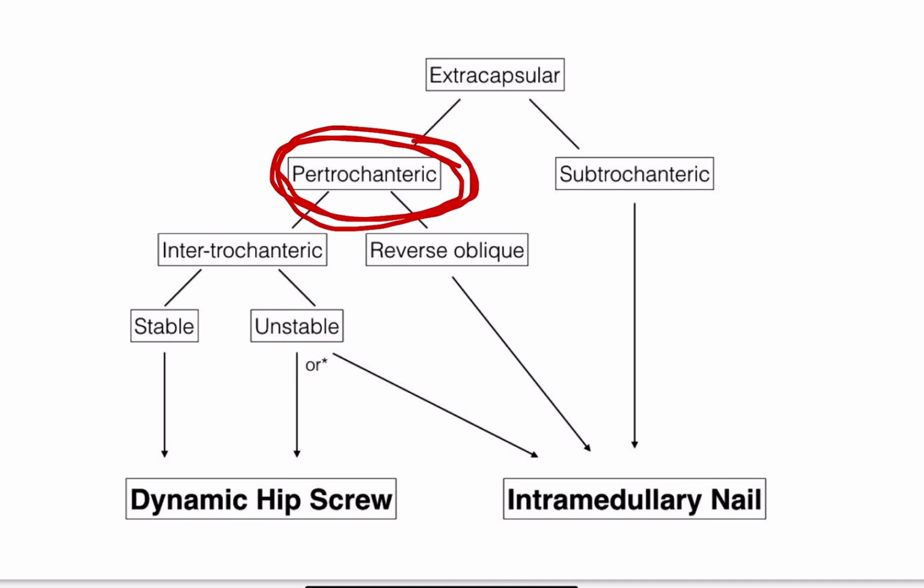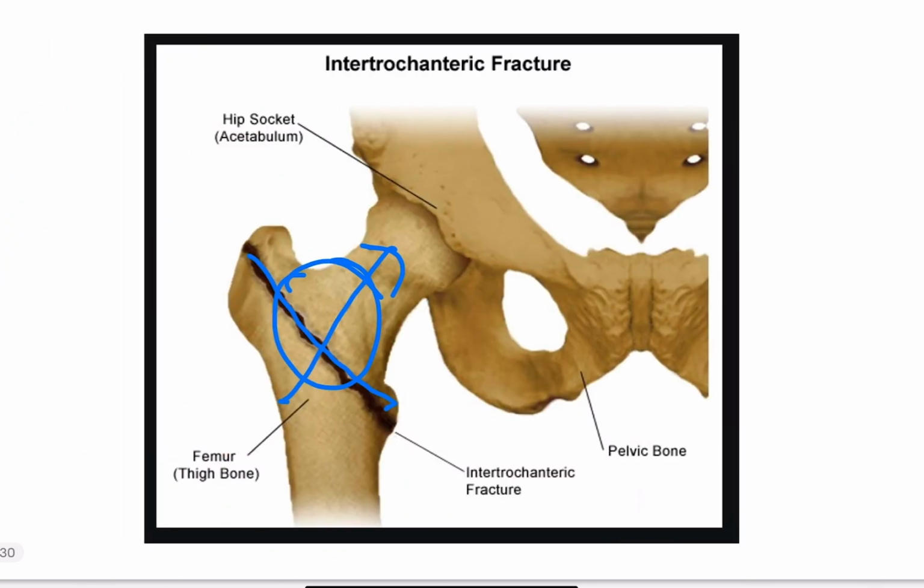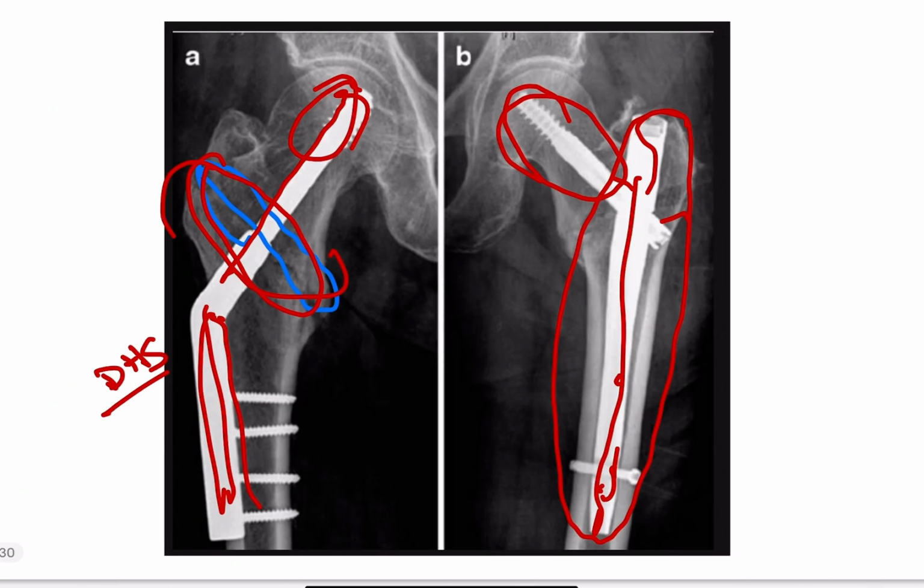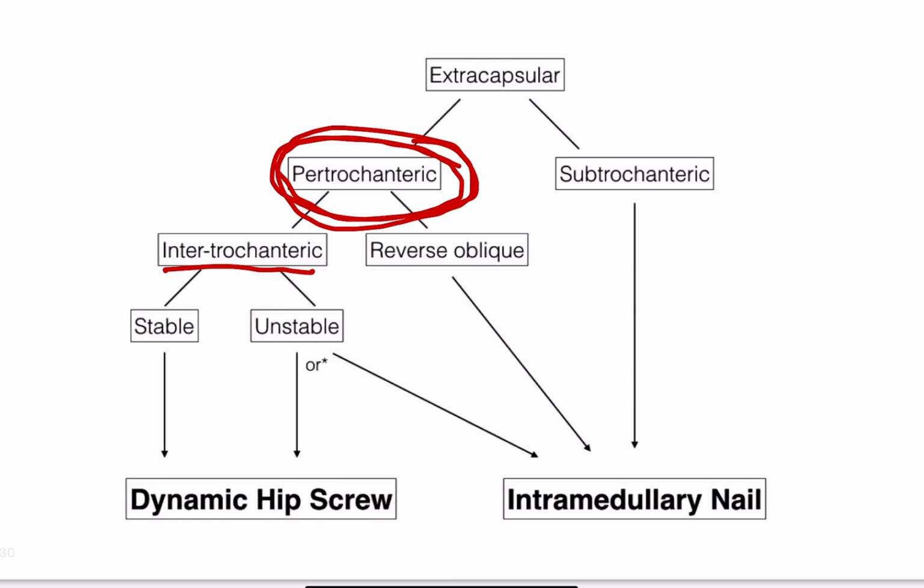In case of peritrochanteric fracture, what is the definitive management? In the intertrochanteric case, that means from the greater trochanter to the lesser trochanter, in both stable and unstable cases there is the option of dynamic hip screw, DHS.